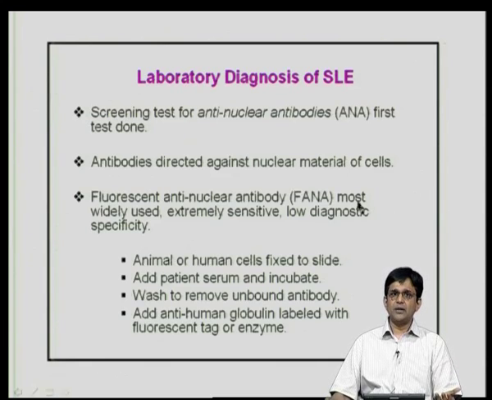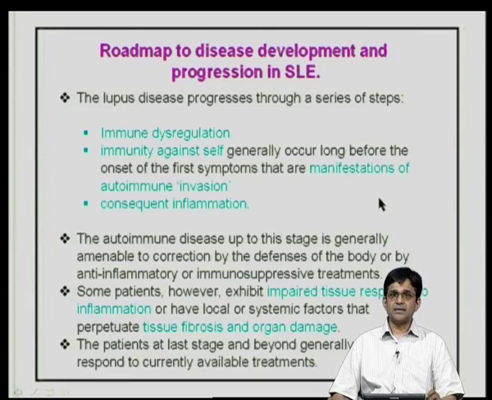The way this is done, you have animal or human cells fixed to a slide, and you incubate them with the patient serum, wash off, and then stain with anti-human globulin linked to a fluorescent tag. Then you are able to check for the fluorescent anti-nuclear antibody that is seen. So the important feature of SLE is the anti-nuclear antibodies that are seen.